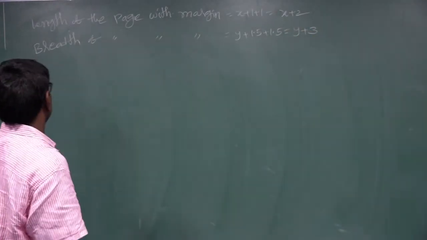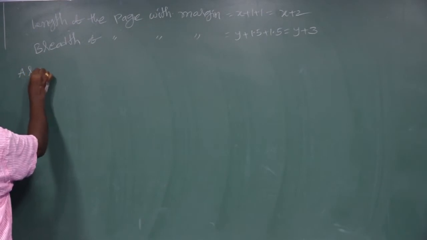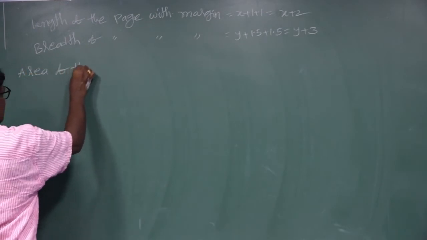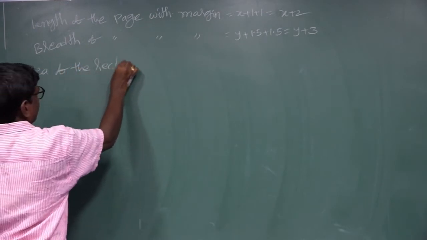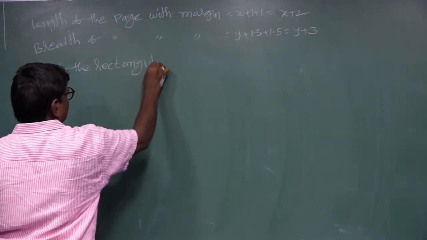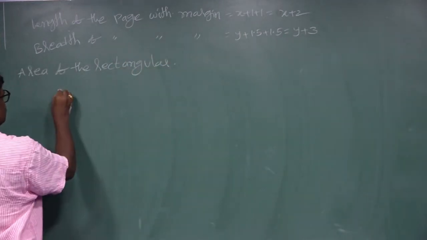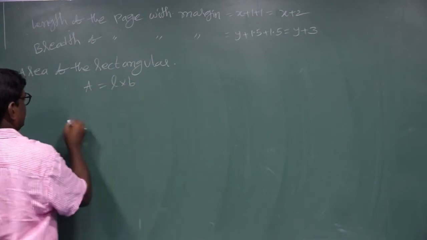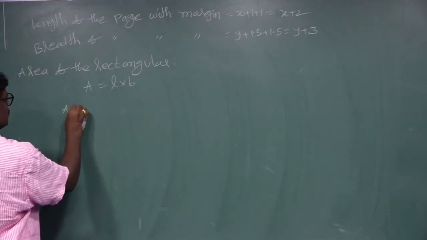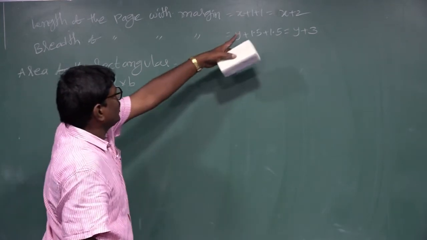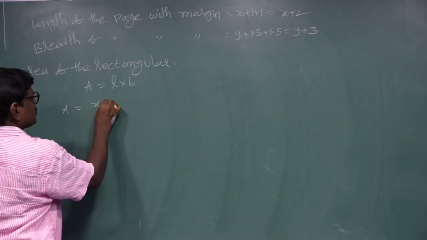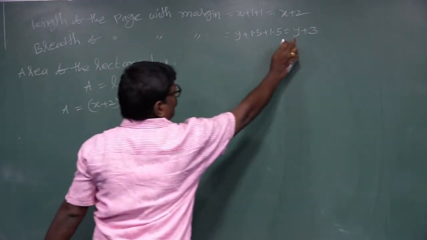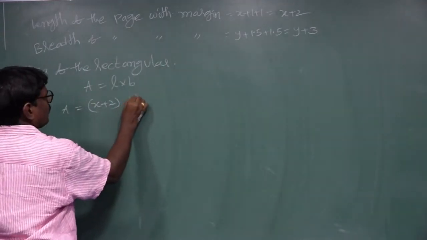Area of the rectangle, A is equal to L into B. A is equal to length x plus 2, breadth y plus 3.